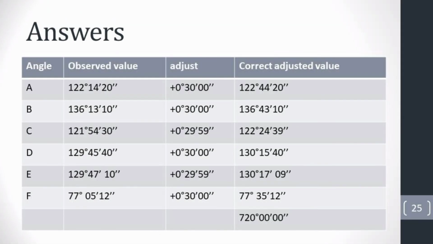So you add the misclosure error to all the angles. I have gone ahead and put it in a more beautiful solution in tabular form. There we have the first column having the angles, the second column having the observed values, then the third column having the adjusted values, then the correct adjusted value.